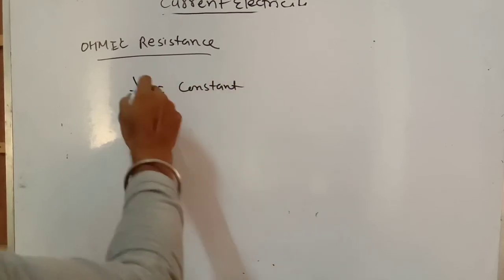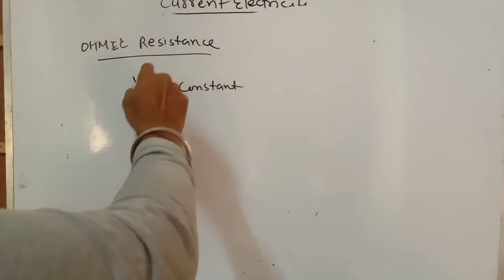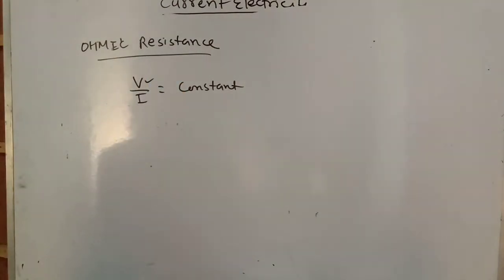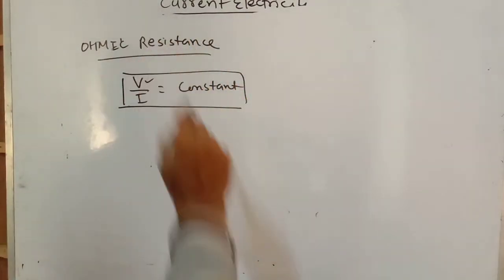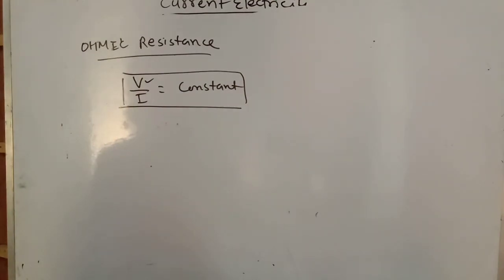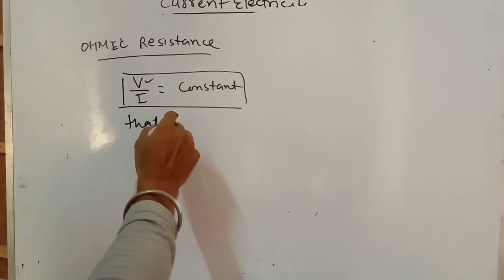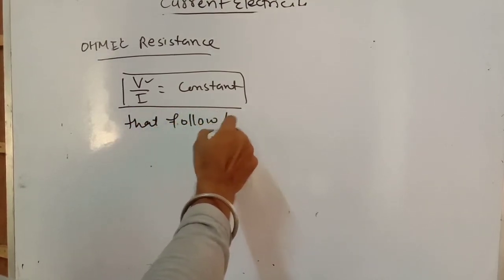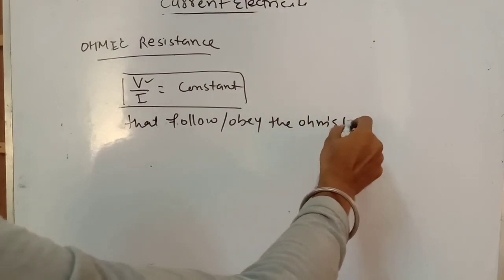That means the ratio of potential to current is always constant. For different values of V and I, it is always constant, so it follows or obeys Ohm's law.